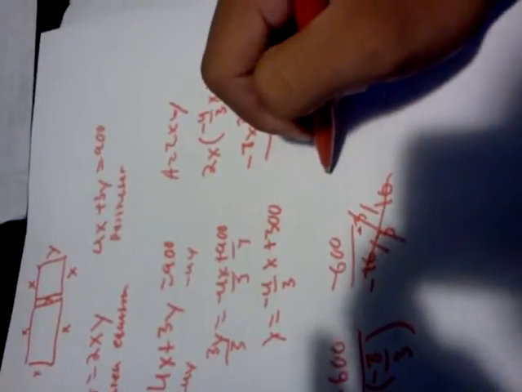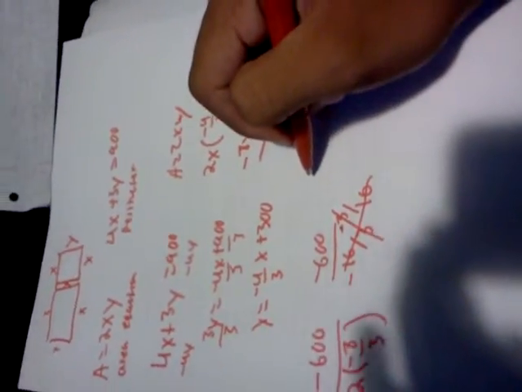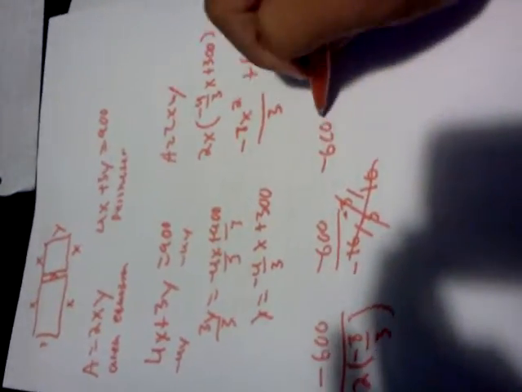So then we would multiply negative 600 by 3 over 16 also. When we multiply this out, we get 1,800 over 16, and when we divide that out, we get, I believe, 112.5.